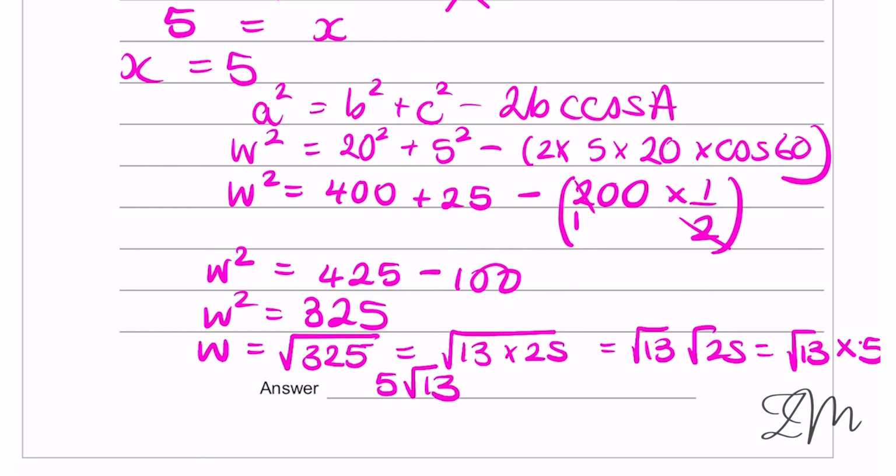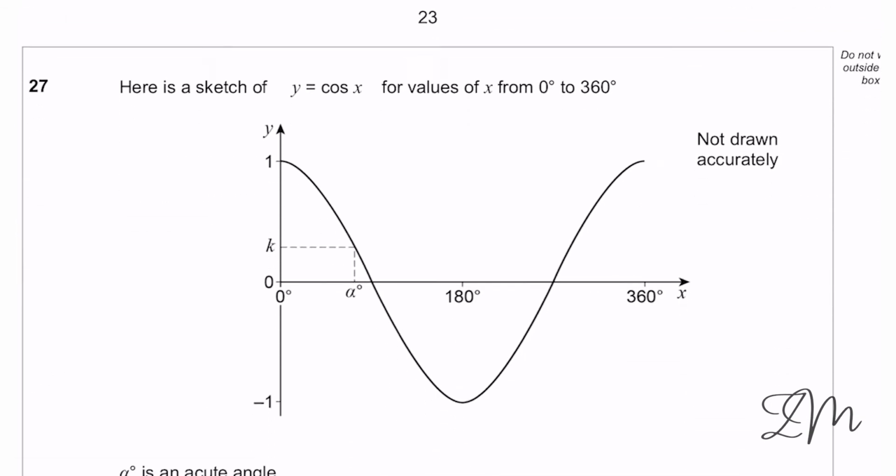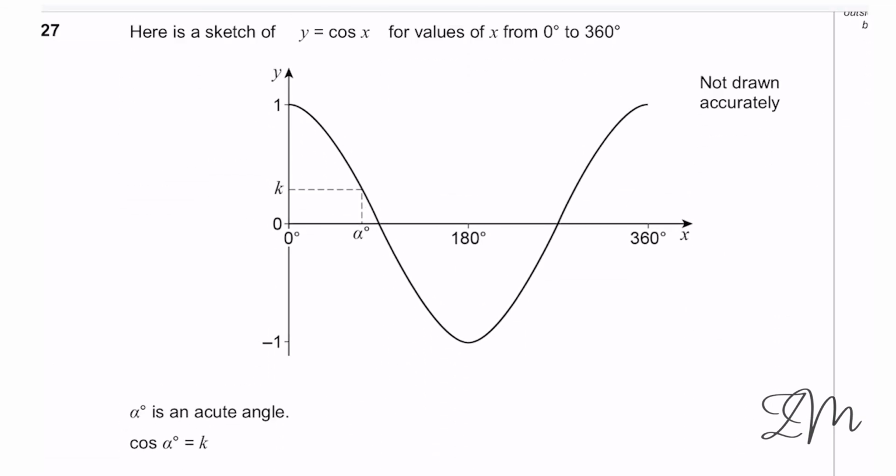Okay, final question. Right, question 27. We've got alpha is an acute angle. Cos alpha equals k. So what we have to realise about cos is to get the next one, we do 360 minus.